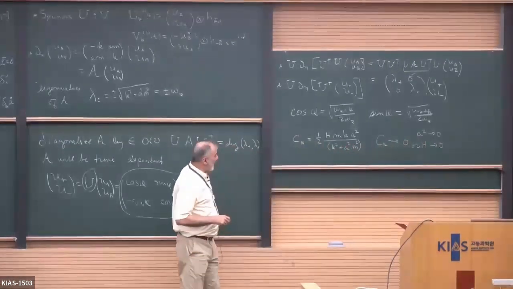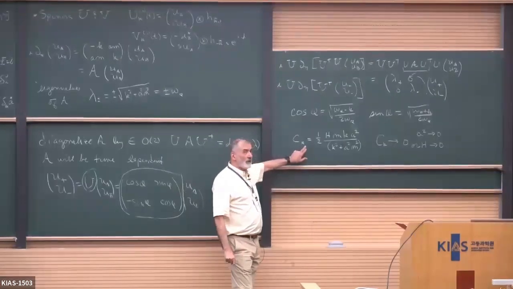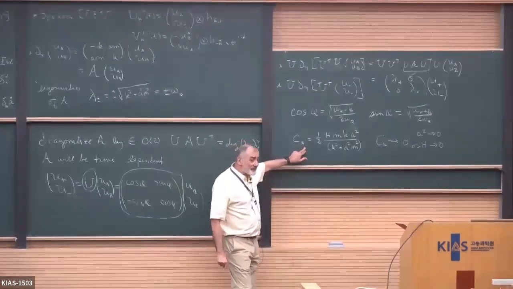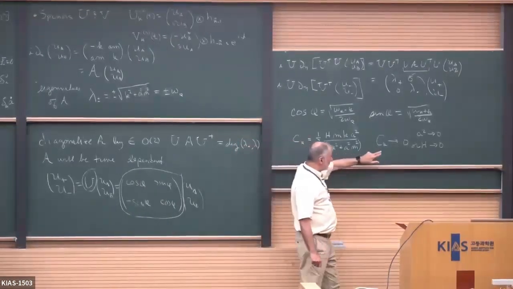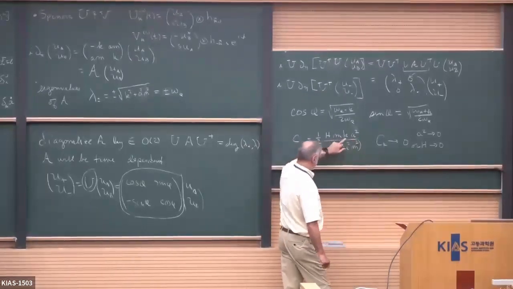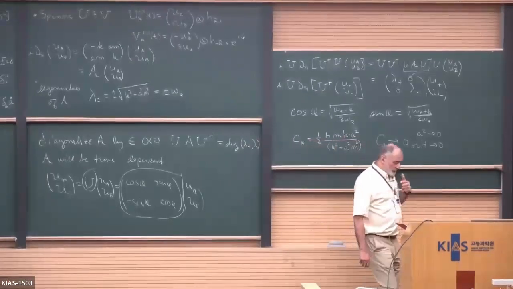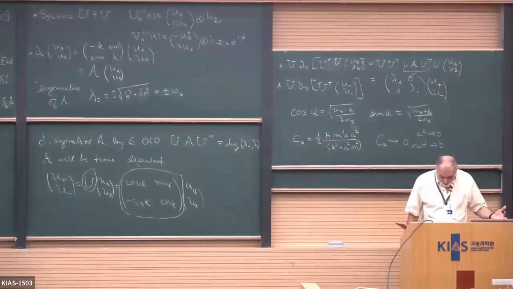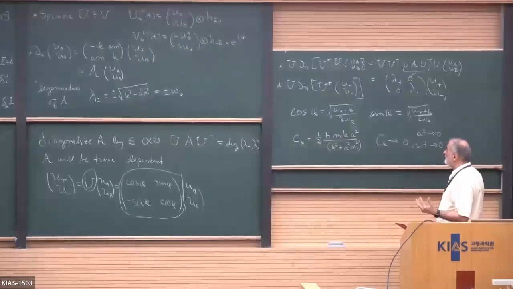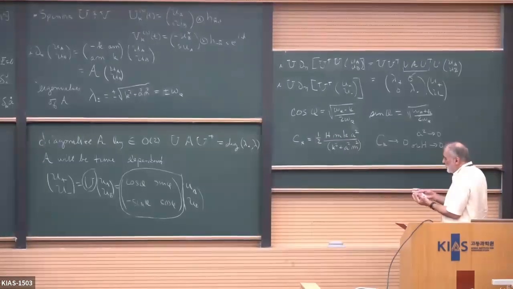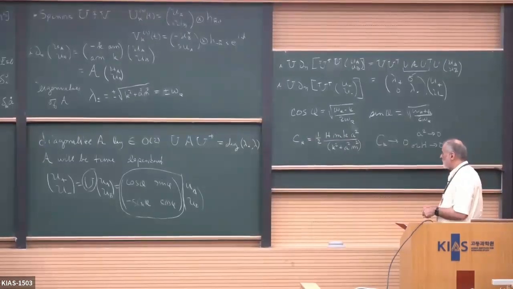So C sub k plays the role of the adiabaticity parameter that we had for the scalar fields. Again, C sub k goes to 0 as A squared goes to 0. So, excuse me, at initial time, it's adiabatic. So at initial time, U plus and U minus are the solutions of the wave equation.